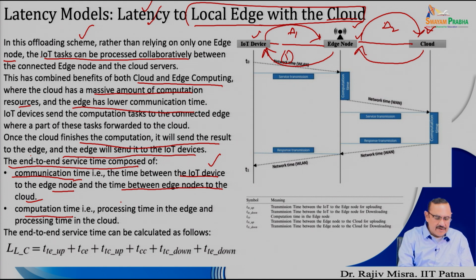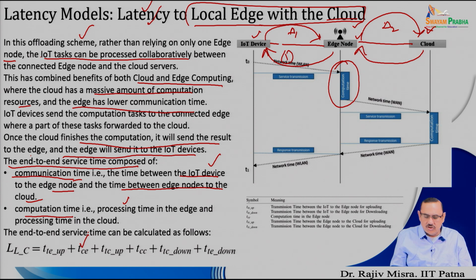The second type of delay is called the computational delay or computational time, that is the processing time which is required. For example, if the computation is done at the edge, that particular time for the computation is called TCE, the computation time in the edge node. So, that is one factor which is added. The other is that if the computation is done in the cloud, then you have another delay.